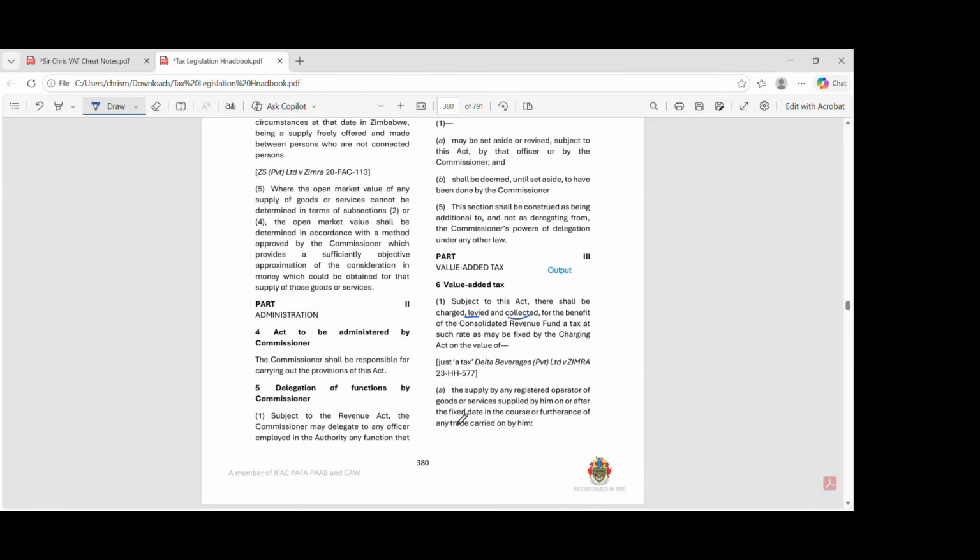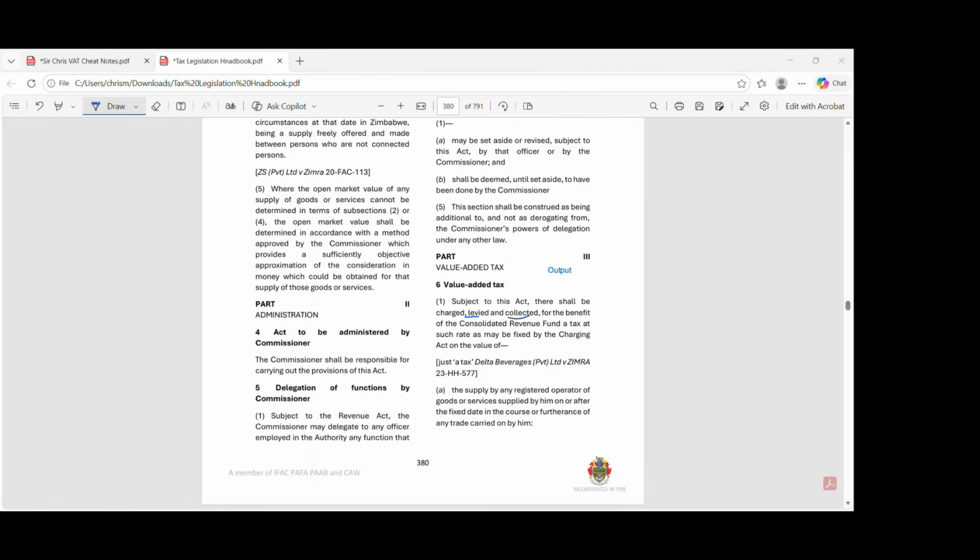That's why if you do your IAS 16, what cost, excluding amount of VAT which is refundable. What they are simply saying here is you are collecting on behalf of ZIMRA.